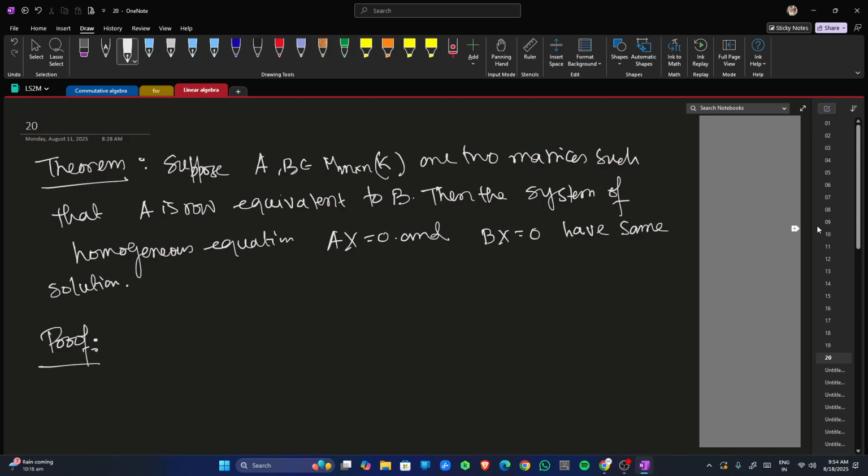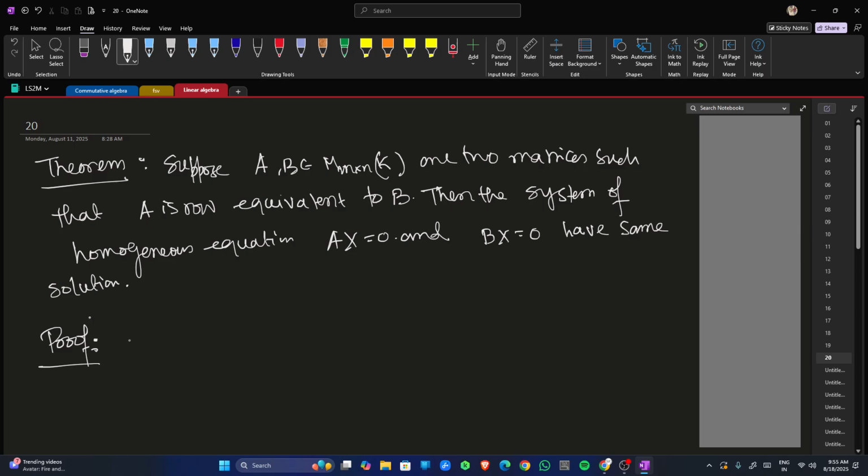Therefore we are interested in elementary row operations, so that we can reduce our task to simpler matrices to get our solution and then get back to the original solution because they are equivalent. So basically what we are trying to show is that if we have two row equivalent matrices, the homogeneous systems of equations have the same solution.